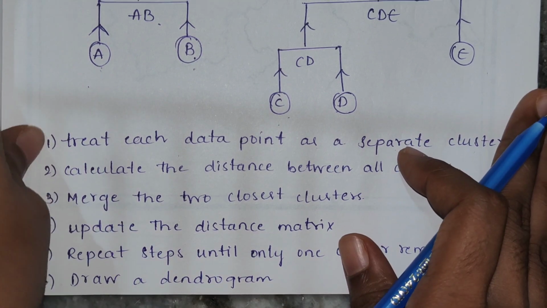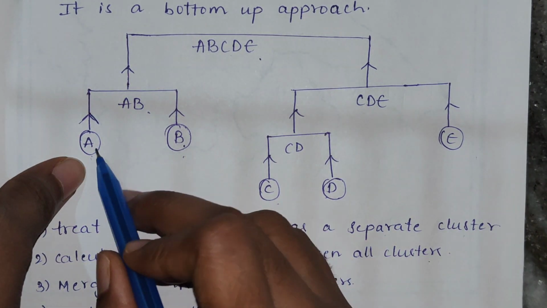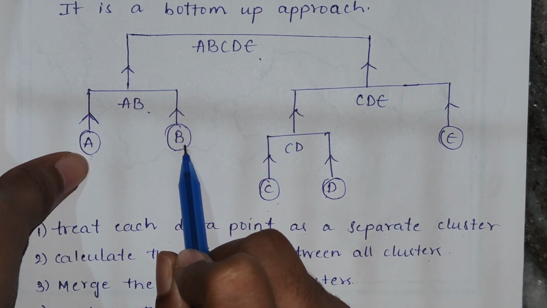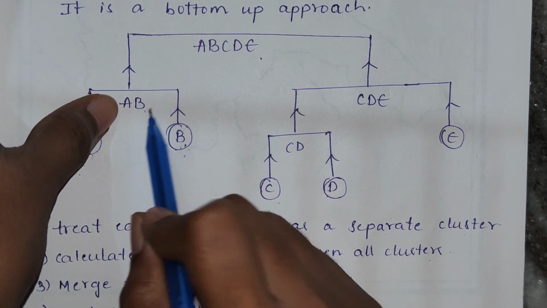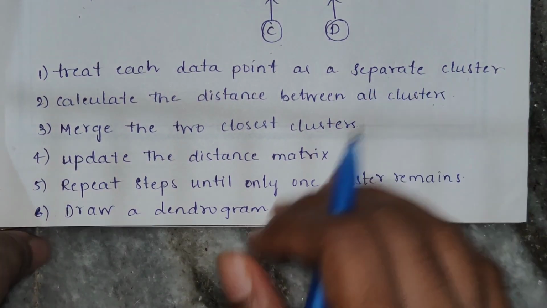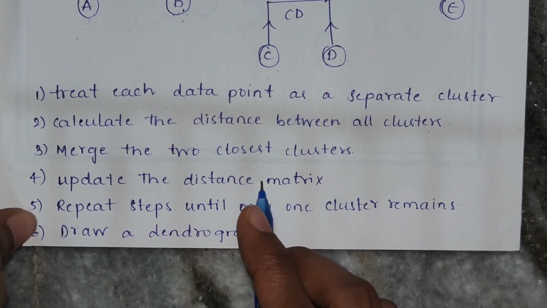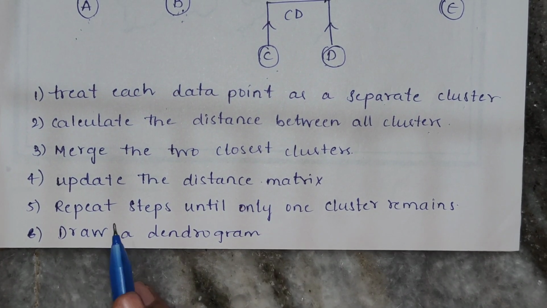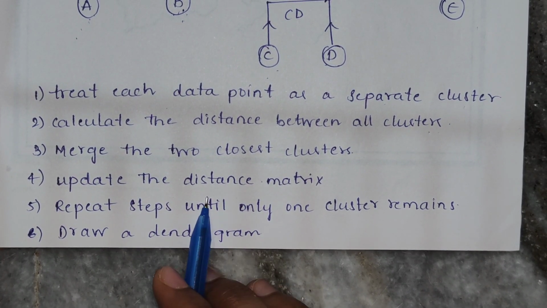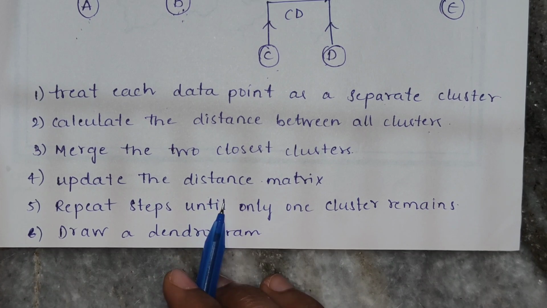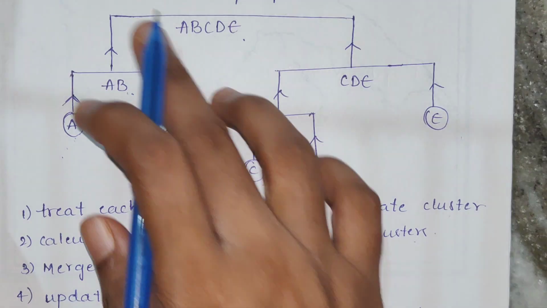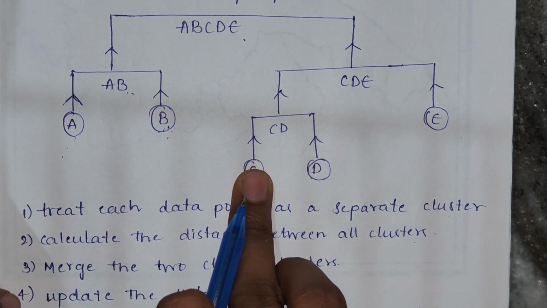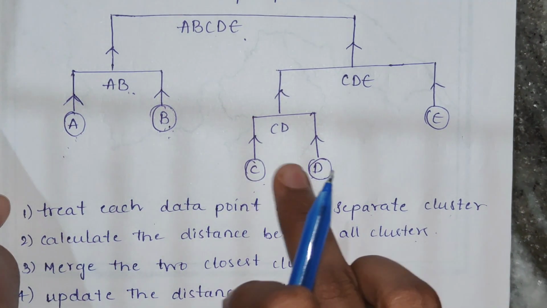Like in this diagram, if we calculate the distance between A and B, the distance between A and B is closer, so we have merged A and B. Understood? After merging we update the distance matrix, and repeat this process until only one bigger cluster remains. At last, using these sequences, we draw a dendrogram.